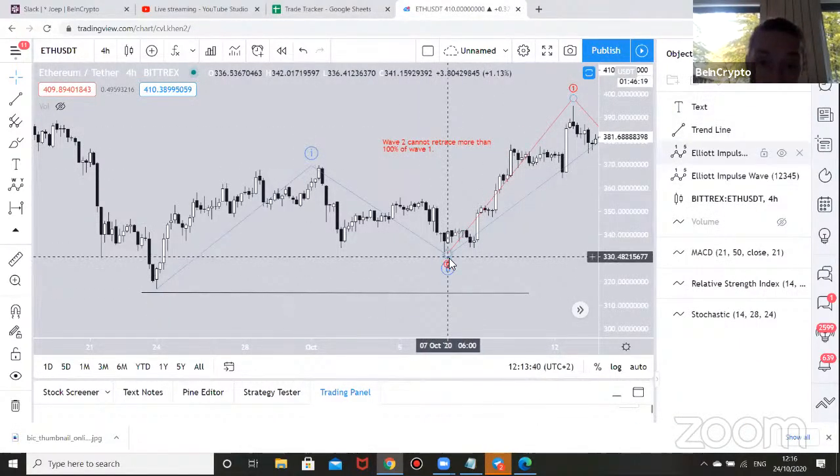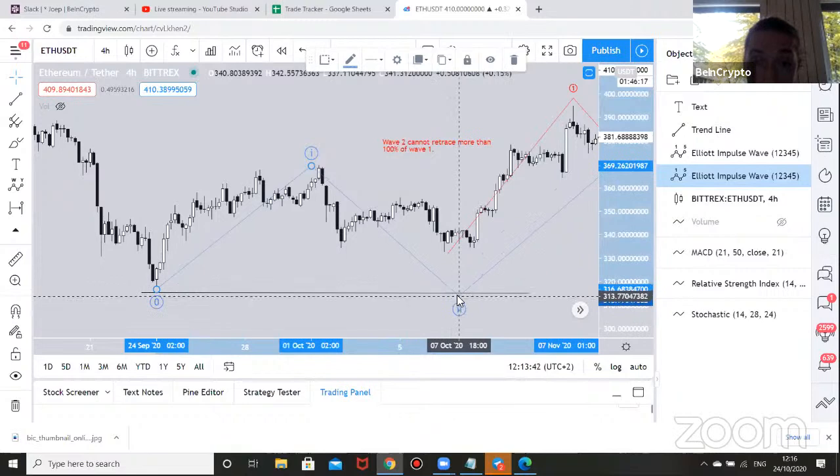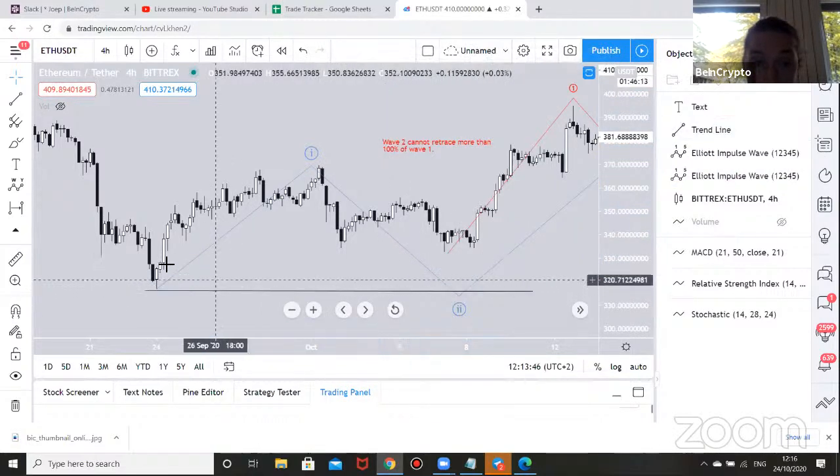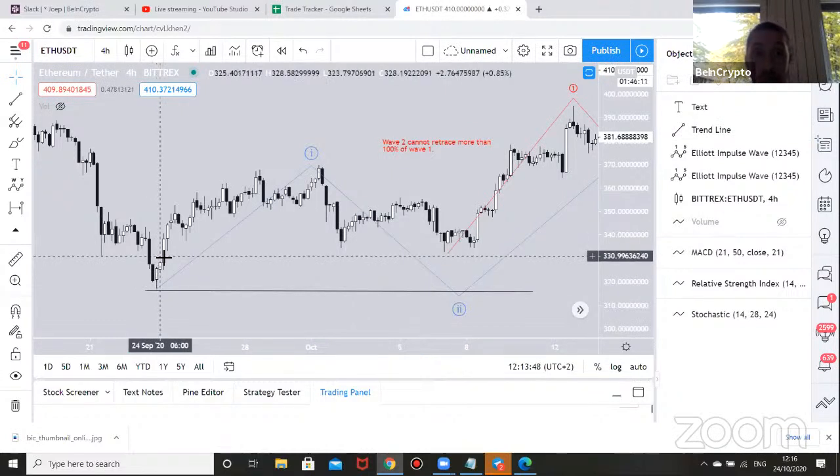So if this were to happen, it would invalidate the formation. So this low here is where you would place the stop loss.